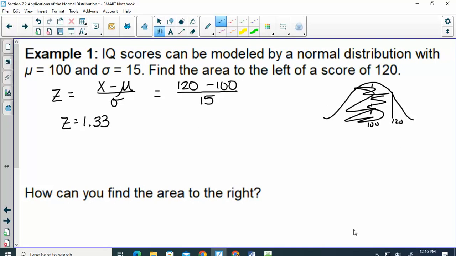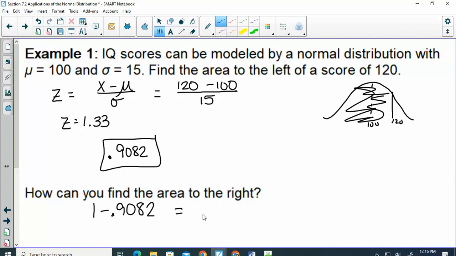So my z was just telling me we are a little over 1 standard deviation above average. Then I can look up that probability from my table and get 0.9082. How would we find area to the right? And that gives us 0.0918. Did everybody find that in the table?